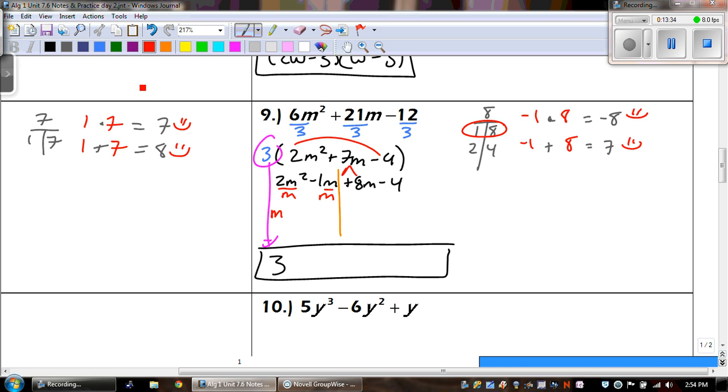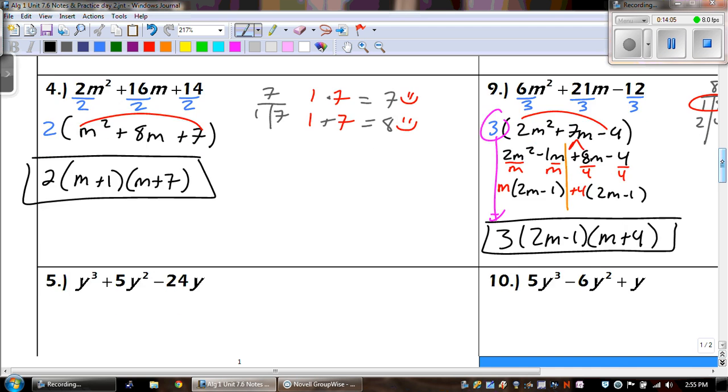The m comes out, and we're left with 2m minus 1. And then the GCF of the back is a 4. So it's a positive 4, it comes out front, and then we're left with 2m minus 1. So our final answer would be the 2m minus 1, m plus 4. And remember the order of that last part, it doesn't matter. Okay?